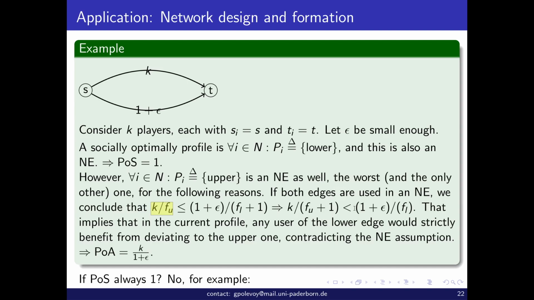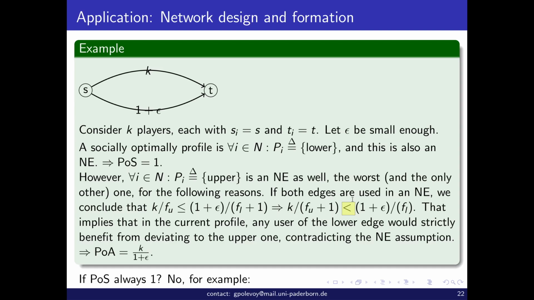Now it's strictly smaller than 1 plus epsilon divided by fl, and here I made the denominator smaller, and thereby the whole expression becomes strictly greater. So I just made the left hand side strictly smaller, the right hand side strictly greater, and therefore the weak inequality has turned into a strong one.